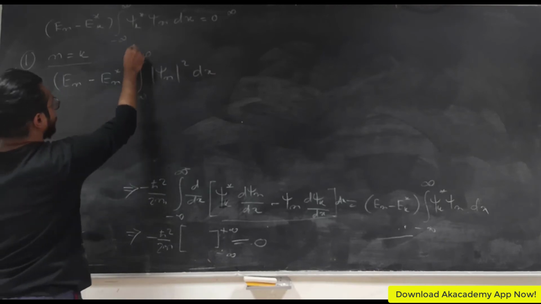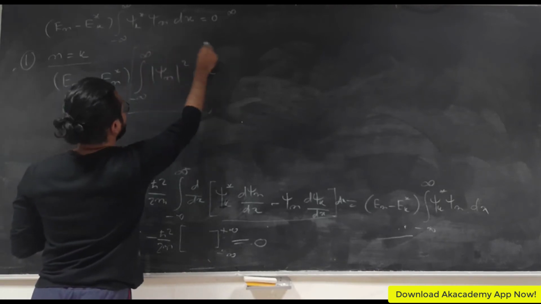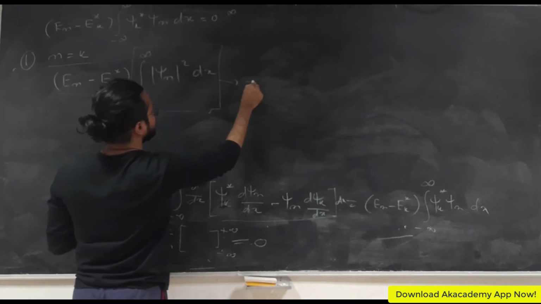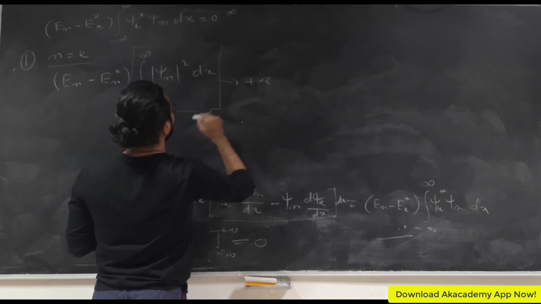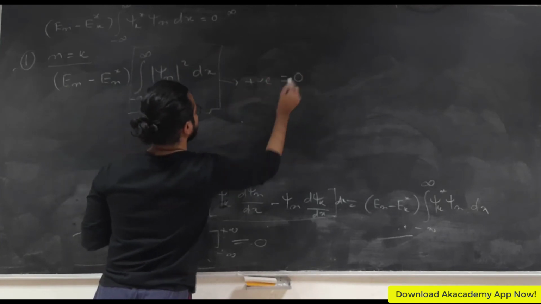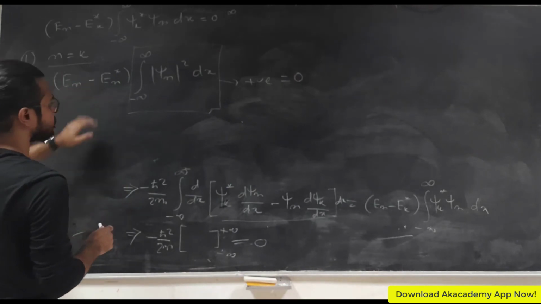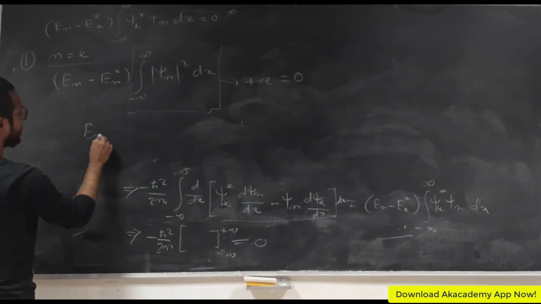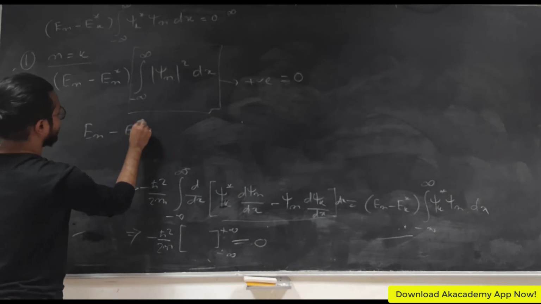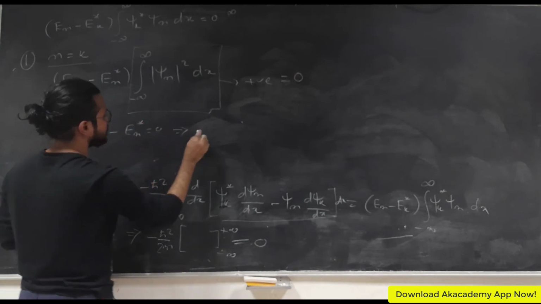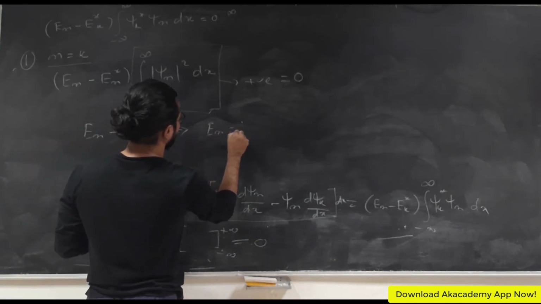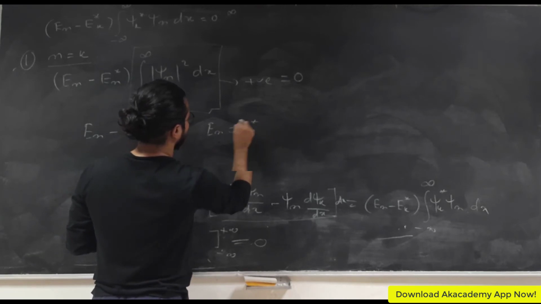Now this quantity is always positive, and the product is equal to 0, so en minus en star must be 0, which implies that en equals en star.